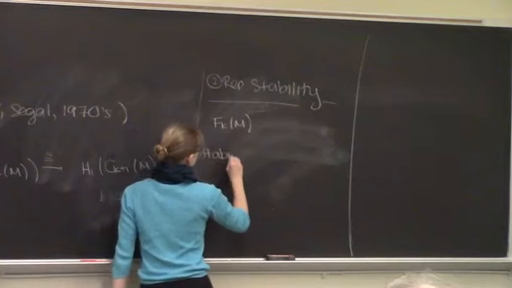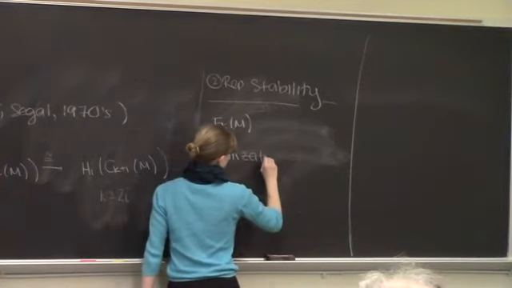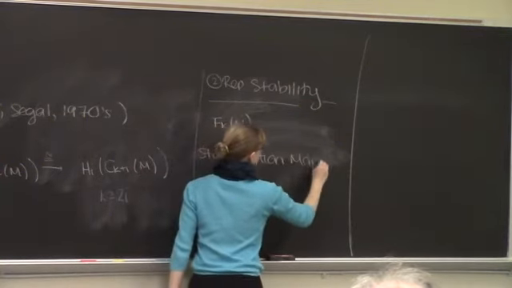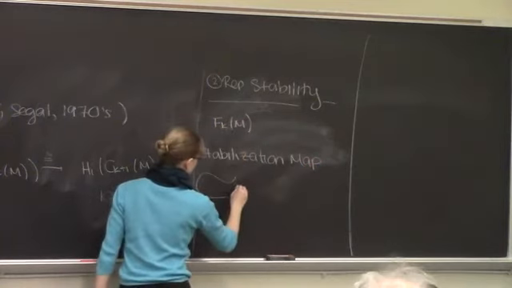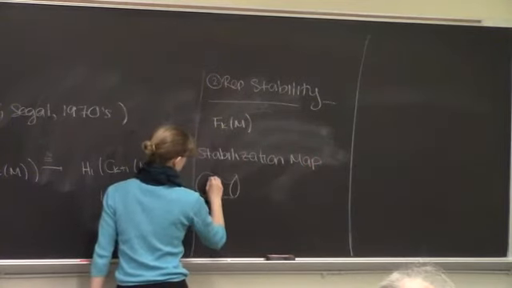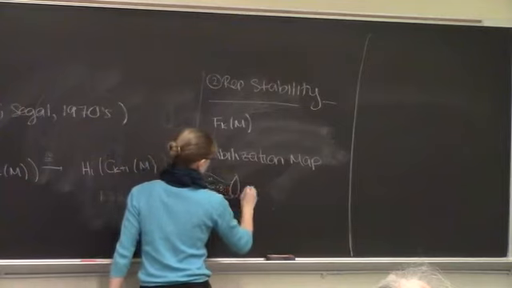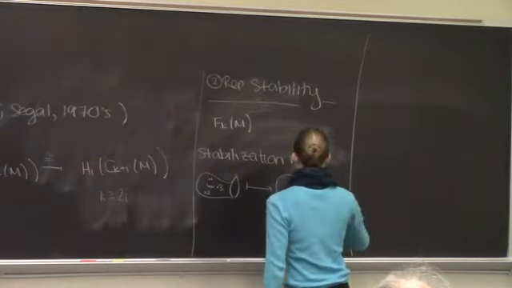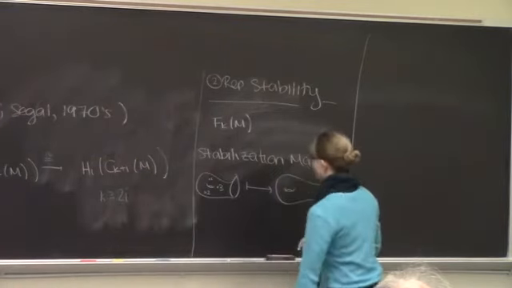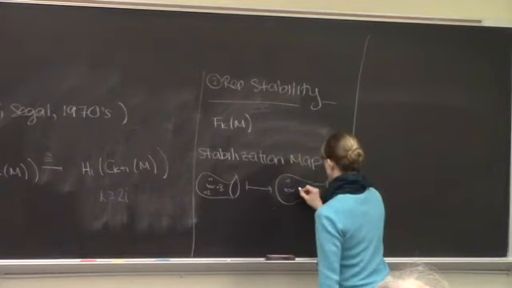So again, in this case, there's the stabilization map that takes an ordered configuration and introduces a new particle out near the cusp.